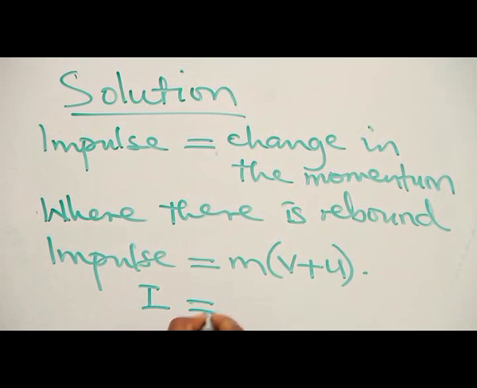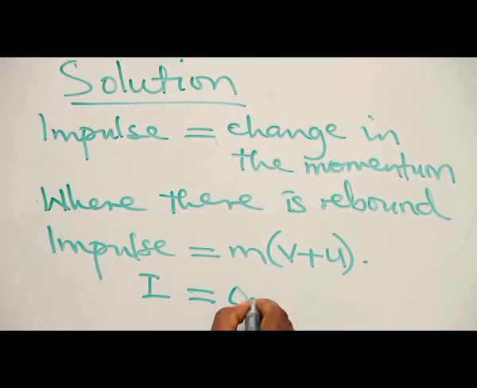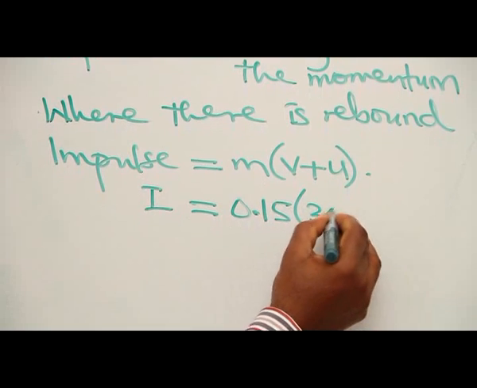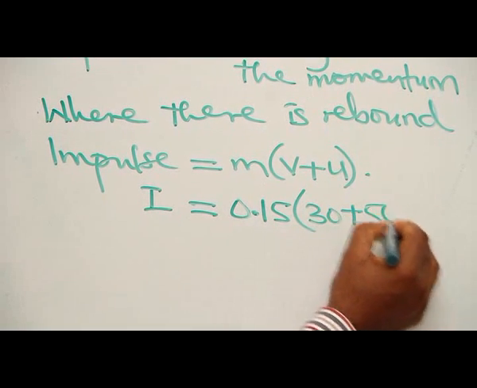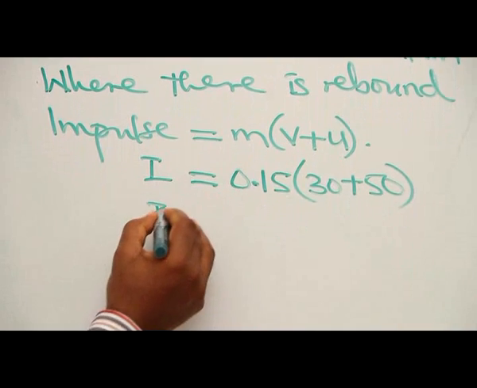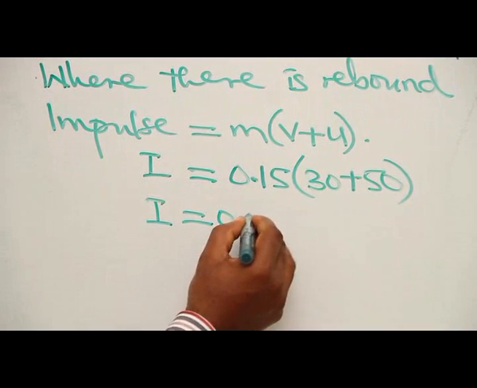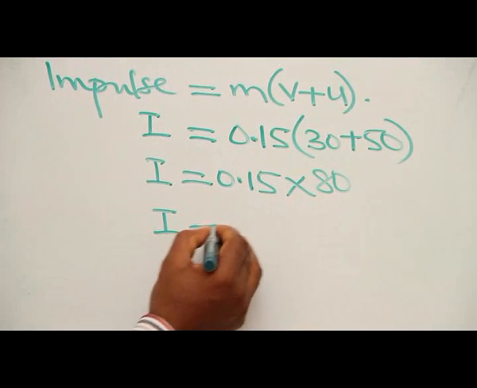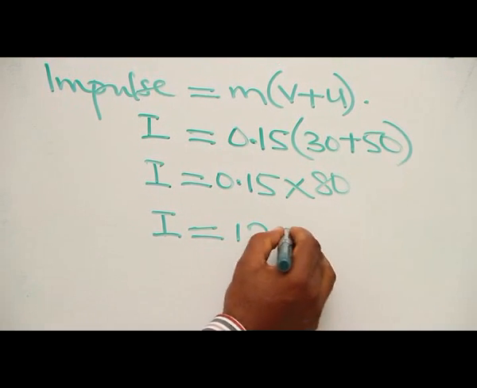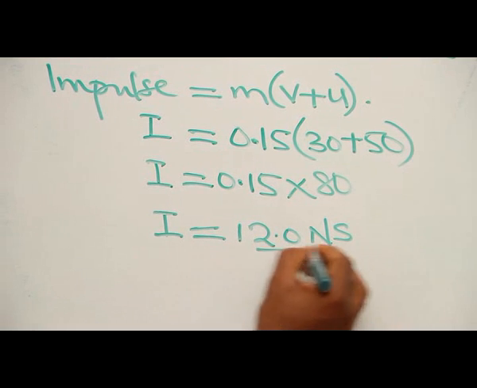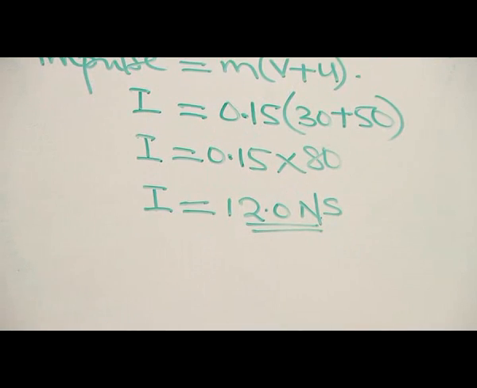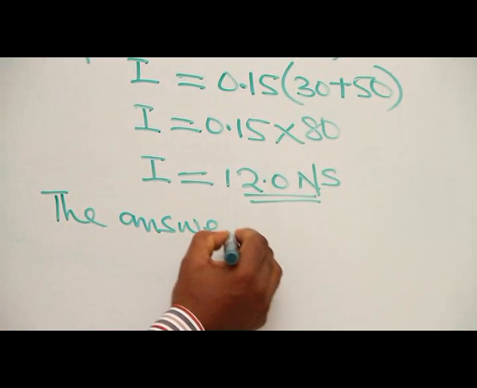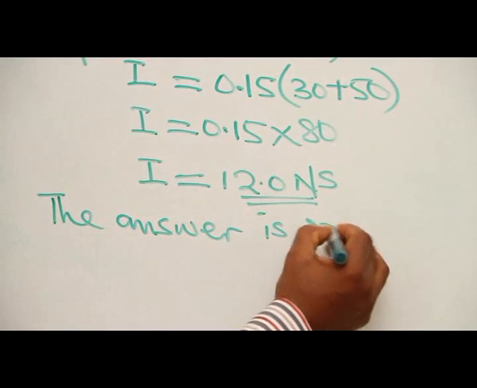The mass is 0.15, final velocity 30, initial velocity 50. Impulse will give 0.15 times 80. Impulse is equal to 12 Newton second. The answer is option C.